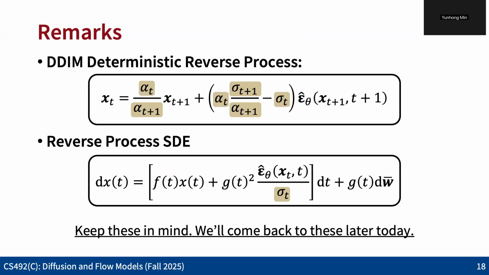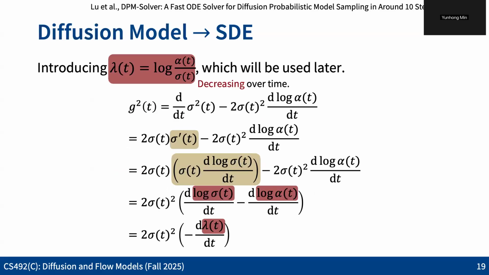And one more potentially confusing thing is that I'm going to introduce one more variable, the lambda function here. That makes even more confusion, but we will get back to why we are introducing this new variable.